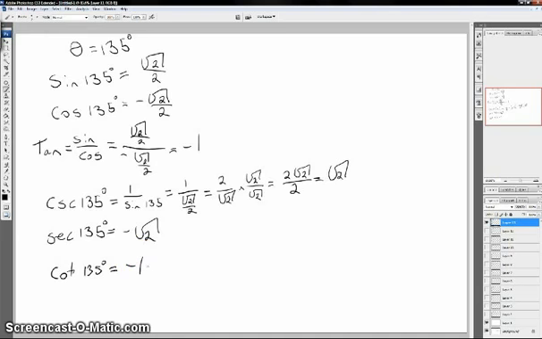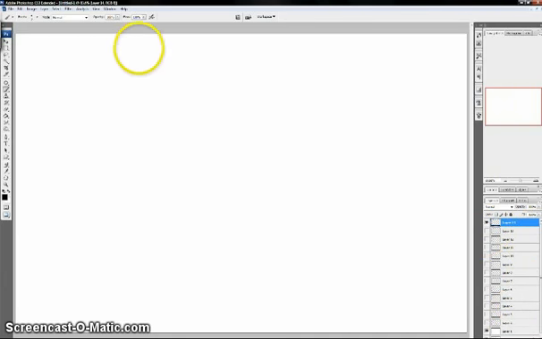Okay. If you want to see more about this, you can look at example 3 in your book, which should help you out. Let's look at a different example now. This will be example 4 from your book. Let's look at another right triangle.